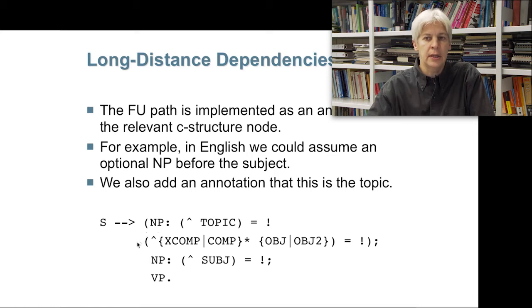And in addition, this NP is going to bear a grammatical function, either an object or a secondary object. We don't know which, one of these possibilities. And it could be embedded in any number or no or any number of XComps and comps. Okay, and this is what's establishing the long distance dependency. So let's see if this works out now.